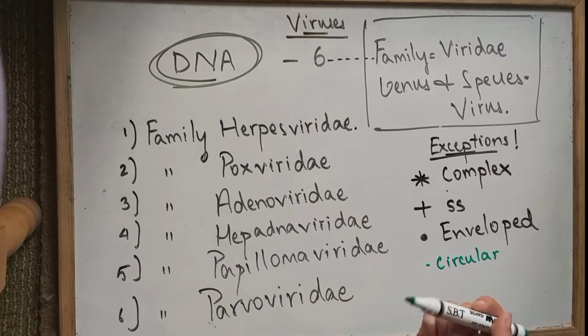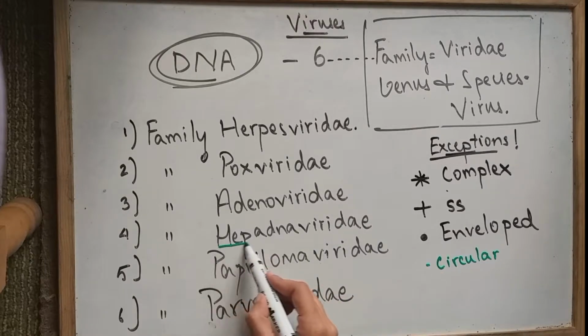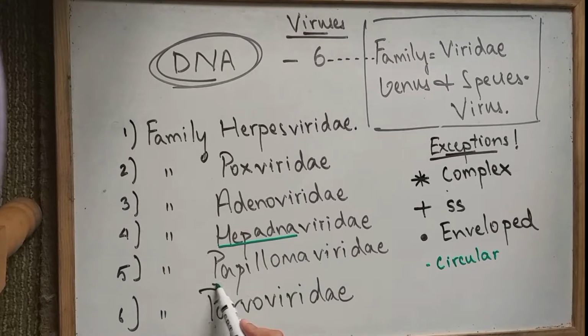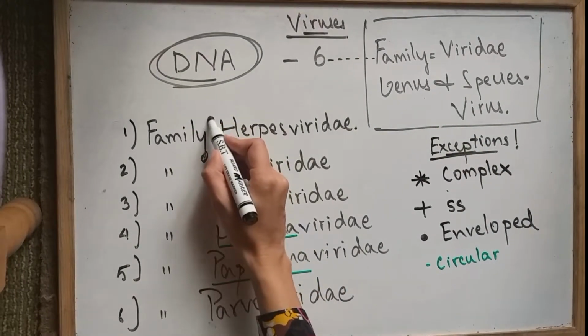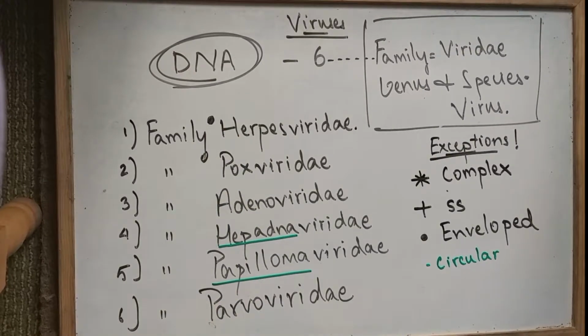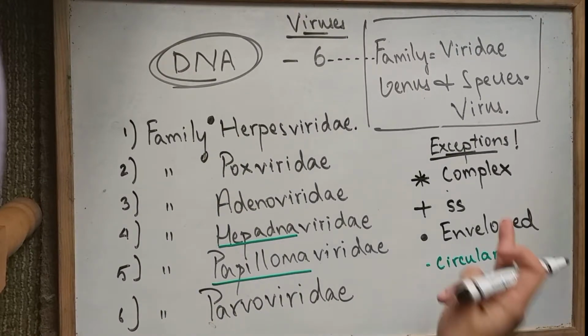All of them are linear, but hepadna and papilloma are circular. None of them are enveloped except the first one. So Herpesviridae gets a dot. And now we move on to complex.